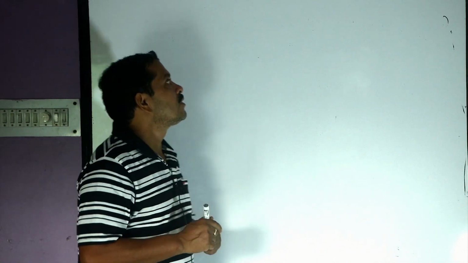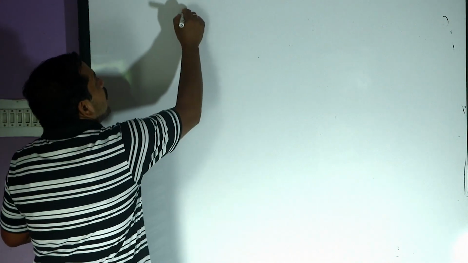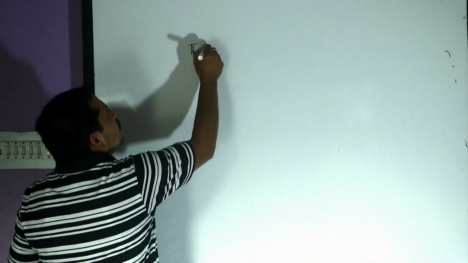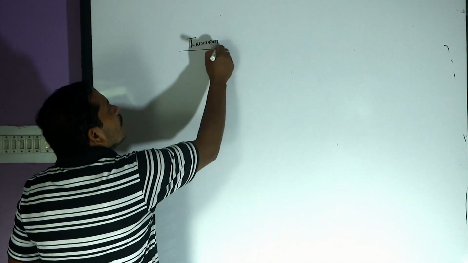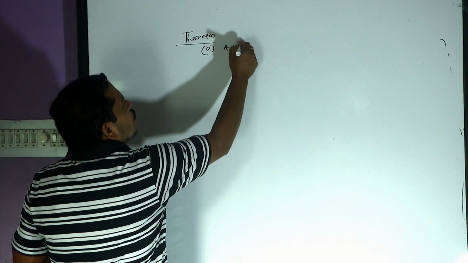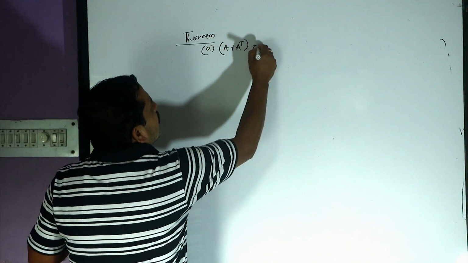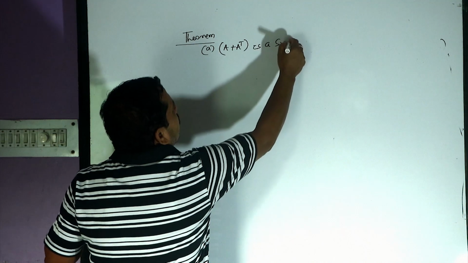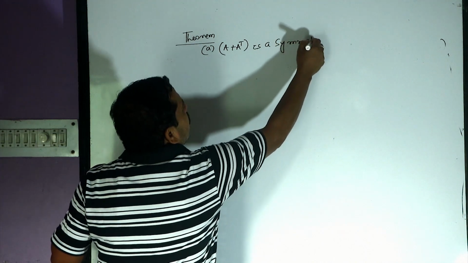One question will surely come, and that should be a long question, carrying 6 marks. So now, one important theorem. First bit, A plus A transpose is a symmetric matrix.